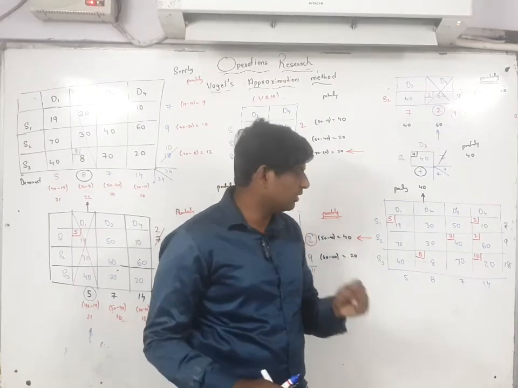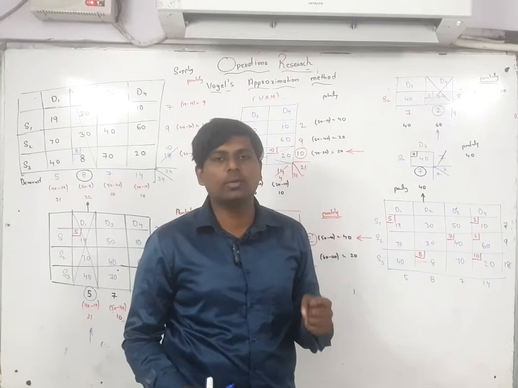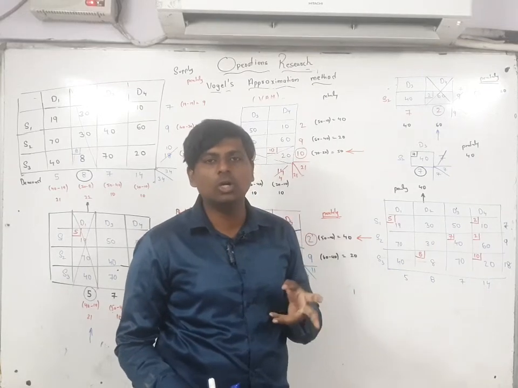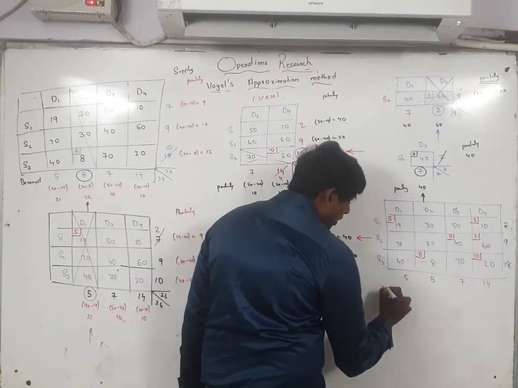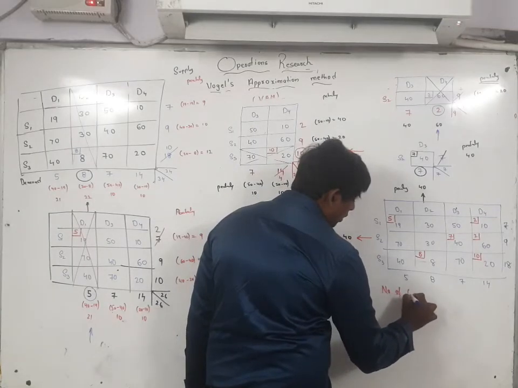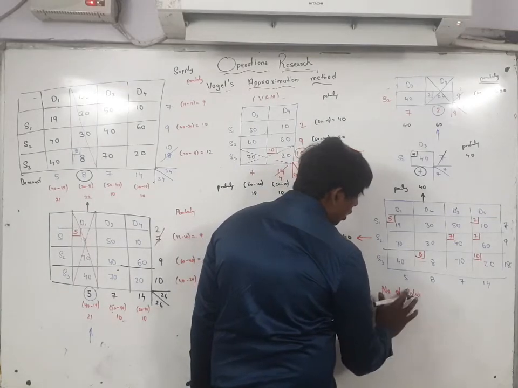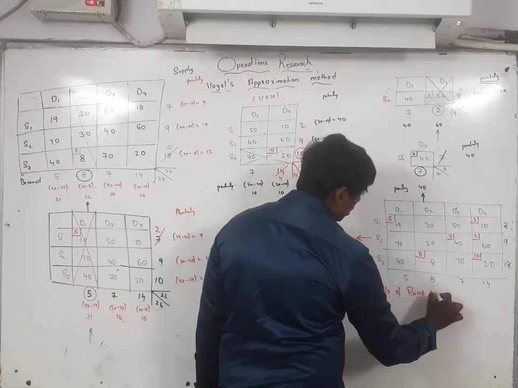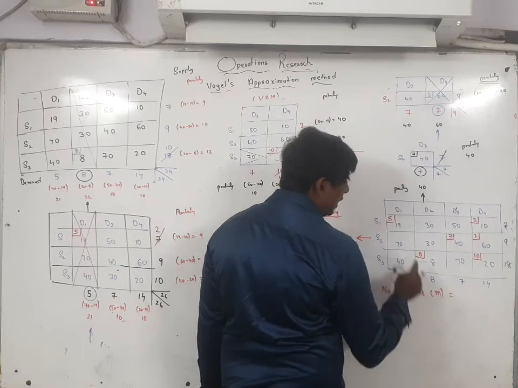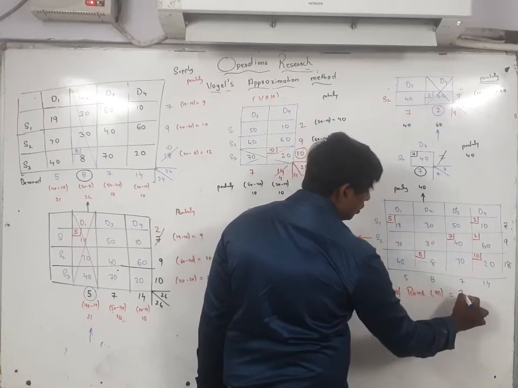After getting these 6 allocations, the next step is you have to find whether the degeneracy is there or not. How to find out? For that I wrote one formula: number of rows, number of columns. You can take rows or columns. How many rows are there? 3 rows are there.